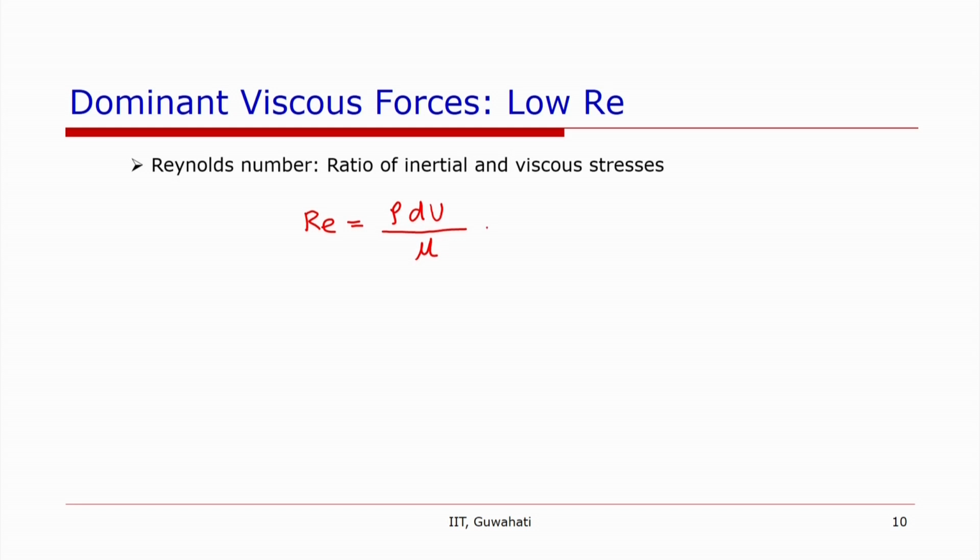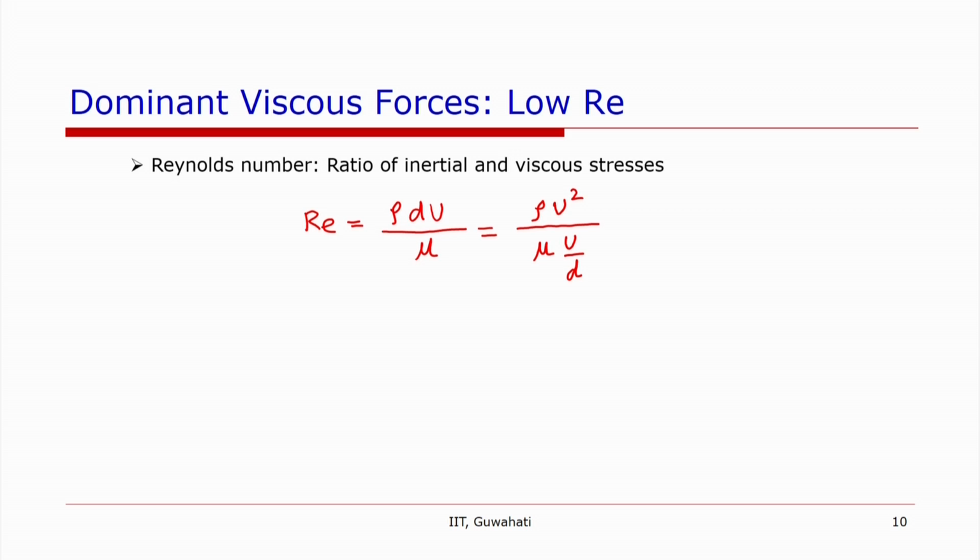We will also see how we can represent this in terms of the two stresses. Viscous stress is mu u over d, where d is the length scale of the problem, and inertial stress is generally represented as rho u square.